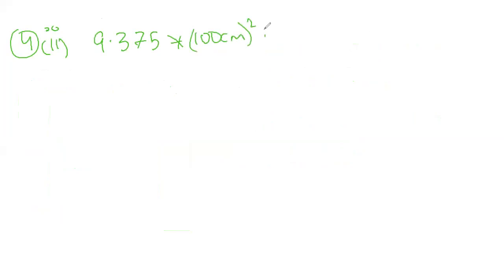Many people convert meter square into centimeter square by the wrong number. They multiply 9.375 into 100 instead of 100 whole square, because it is meter square, not meters, divided by the area that we have gotten, 937.5. And finally we get the answer as 100, and the units are most important.